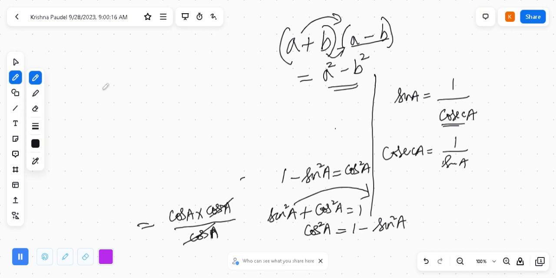Then only you'll be able to do the sum properly. So let's see again exercise 8.3, number 2 question.